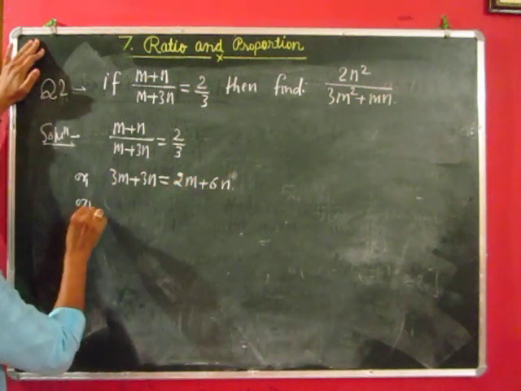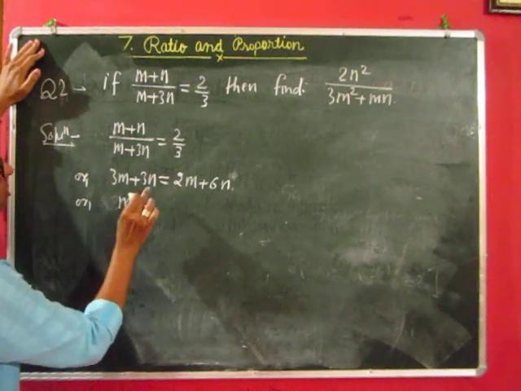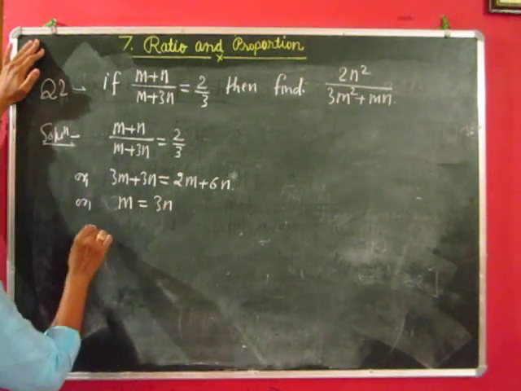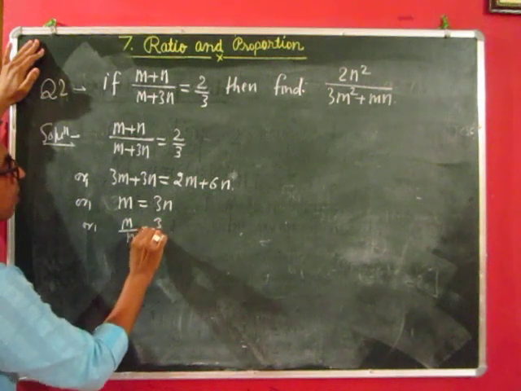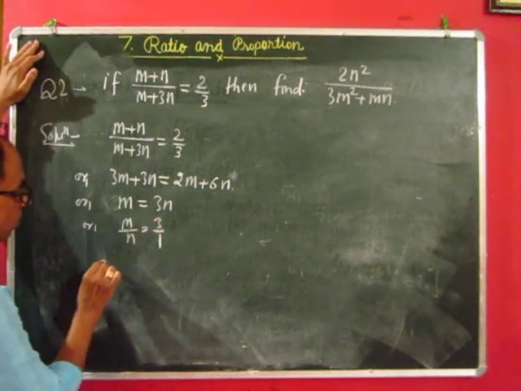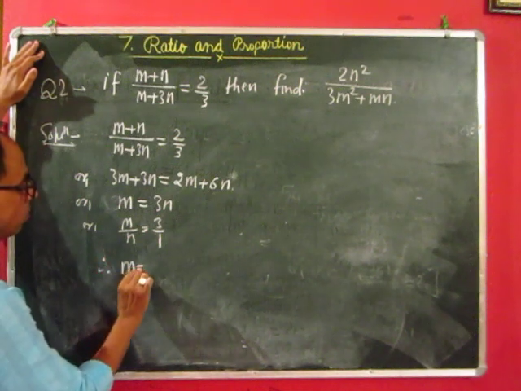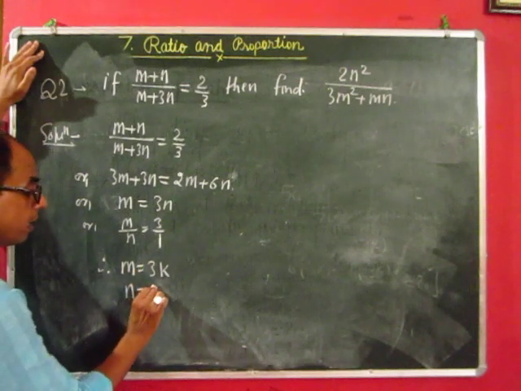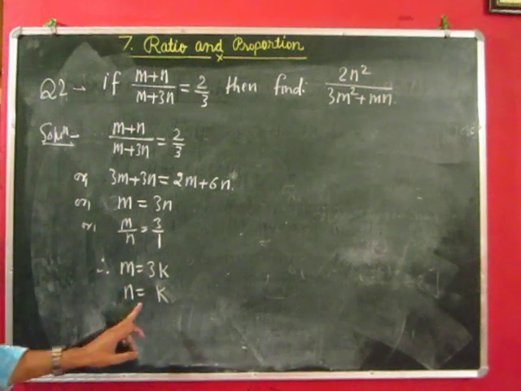Now 3m minus 2m, so it will be m, is equal to 6n minus 3n, so it will be 3n. Clear? So we can write it as m by n is equal to 3 by 1. So what is the interpretation of this ratio? Therefore if m is equal to 3k, then n will be equal to 1k, that is k.